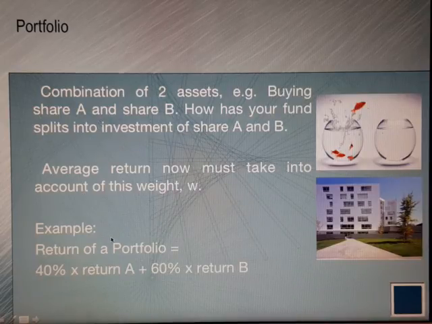So if you want to find the return of a portfolio, it is 40% times the return A, if the weight is 40% in A, and 60% times return B.